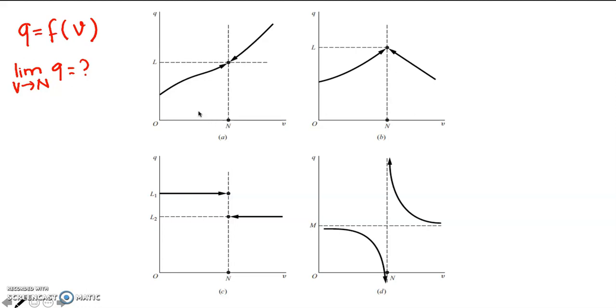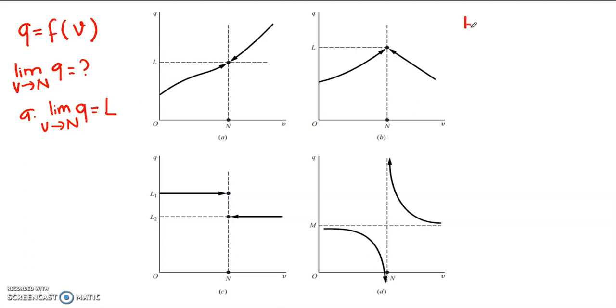If we look from the left side limit, the function approaches L, and from the right side limit too, as v approaches n, the function also approaches L. So from this first graph in part A, we can say that the limit exists because the limit as v approaches n of q is equal to L. Both of them equal L, so the limit exists.